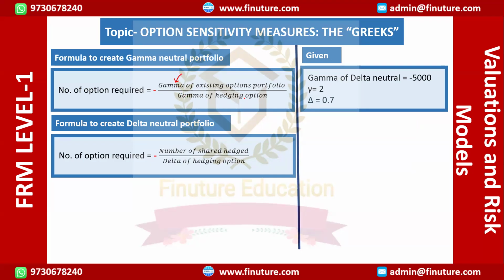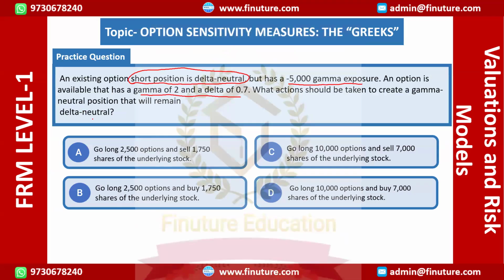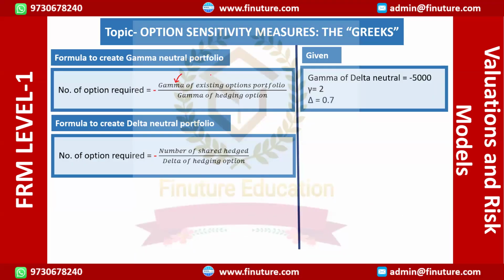So, going back to our initial question. If you see, initially your position was delta neutral, but when you make it gamma neutral, your delta neutral position will get distorted. To make it delta neutral again, you had to buy some number of stocks. So it is the number of shares that you will buy to make it delta neutral again.